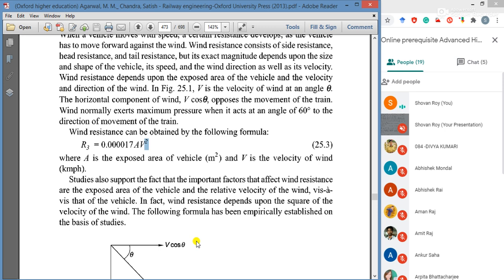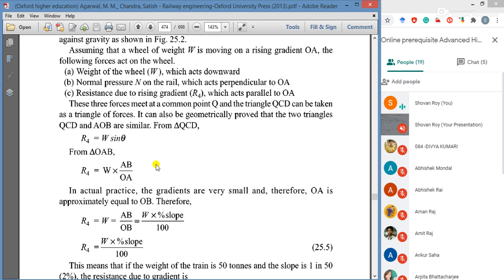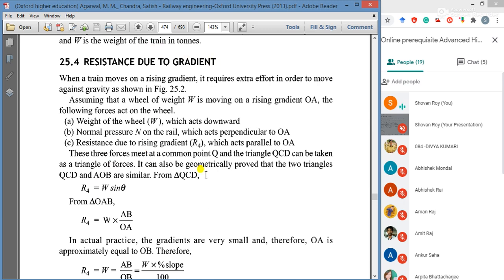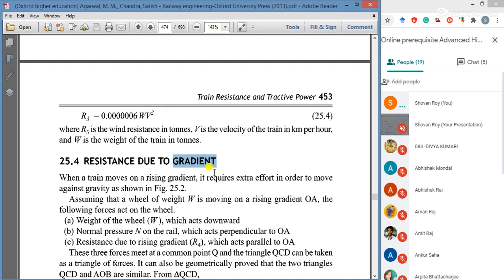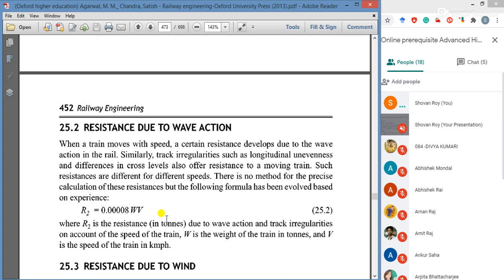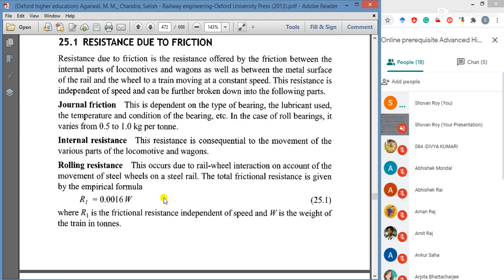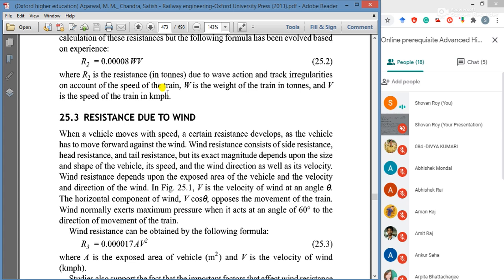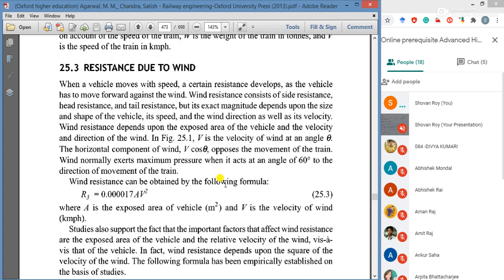After that, R4, the resistance due to gradient, is generated only if a gradient is present in the track. If your train or locomotive is passing through a normal railway track, then only these three resistances will be generated: friction, wave action, and wind.